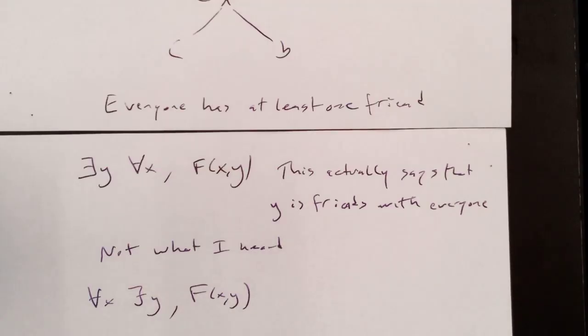I'm not unhappy with the sentence, there exists a person who is friends with everyone. I like that idea. I'm sure that's not me, but I'm sure it's someone somewhere.